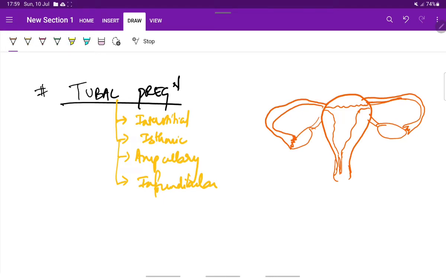So this is the uterus, and this is the fallopian tube and this the ovary. The different sites of tubal pregnancy include, this is the interstitial pregnancy, also called cornual ectopic pregnancy. This is the isthmic part, which is the narrowest part.